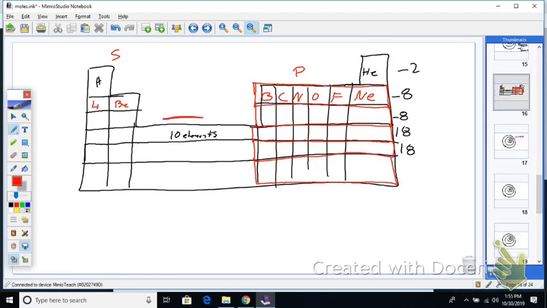What's this section right here? The D's. These are the D's, because you remember, the D's can have 5 orbitals, and each of them can hold 2 electrons. So that's a total of 10. So when you count across this section here, those are your D's.